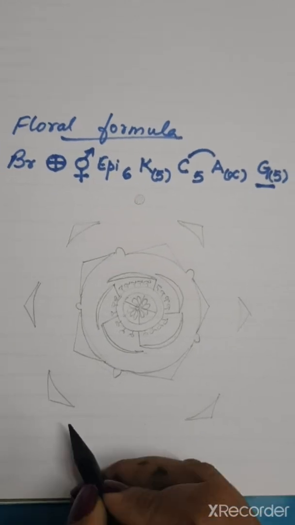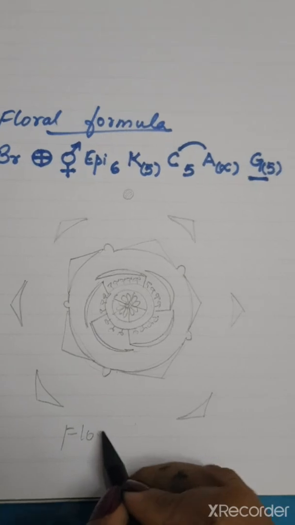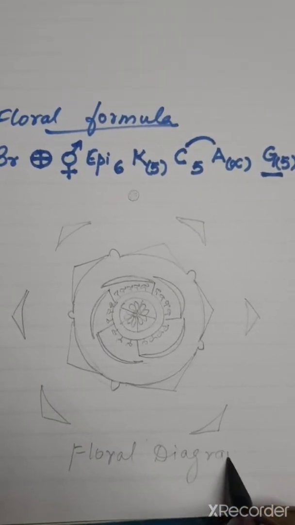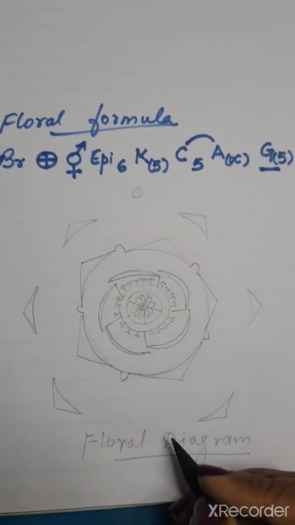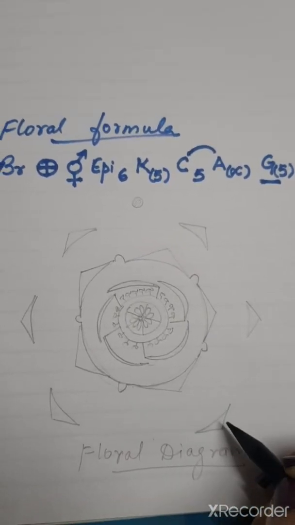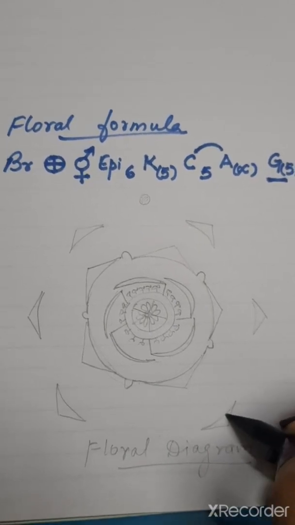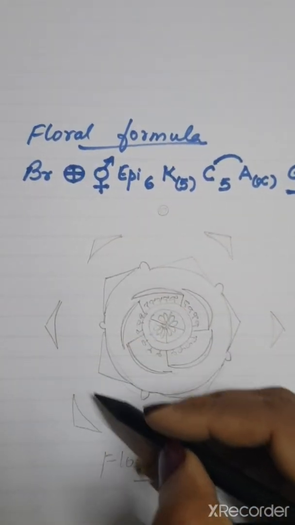So this is how we draw the floral diagram. I have already drawn it and kept it, so that we don't waste much time in drawing it. So this is a floral diagram as it is given in the floral formula. We have the epicalyx, which was 6 in number, so 1, 2, 3, 4, 5 and 6.